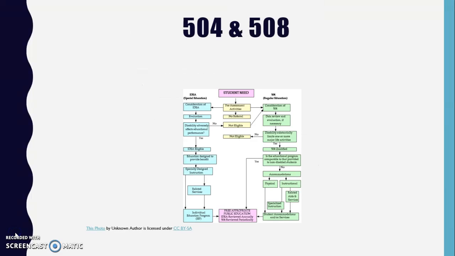Here is some graphic art about the process that it takes in order to place a child under a 504 program, or even the process that it takes to seek financial aid for a student regarding special education under the IDEA program.